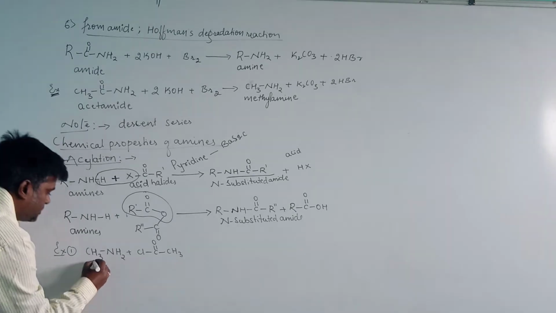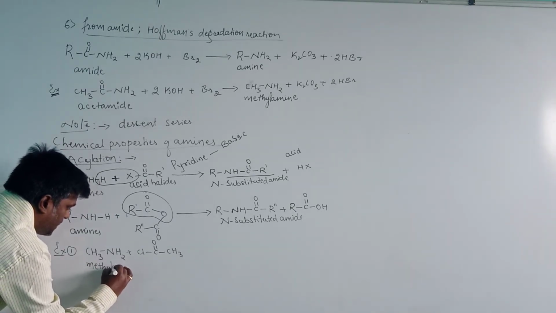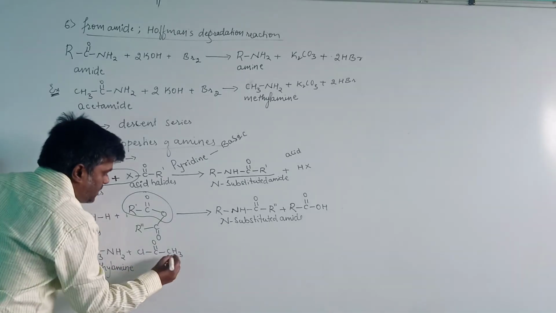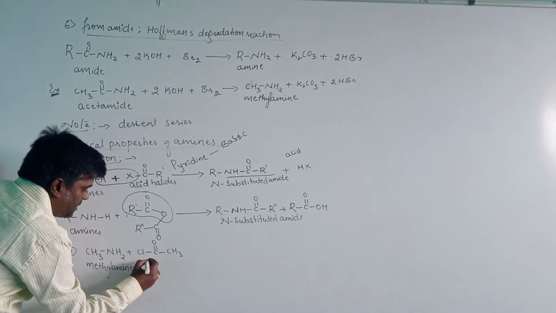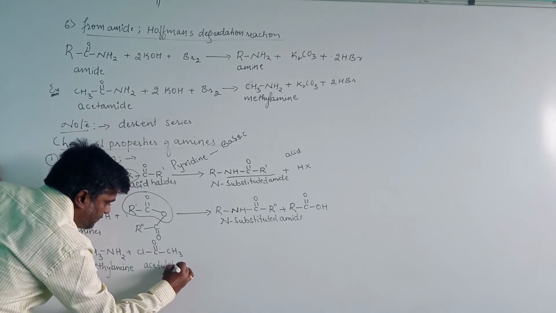The name for this compound is methylamine. Generally, it is known as methylamine, and this is known as acetyl chloride. The name for this compound is acetyl chloride.